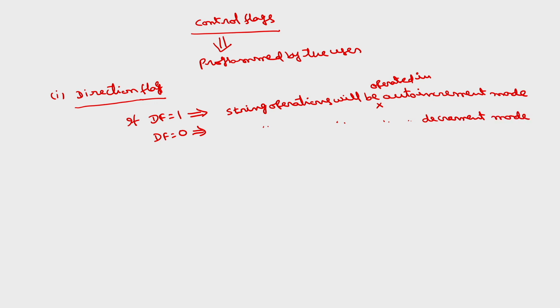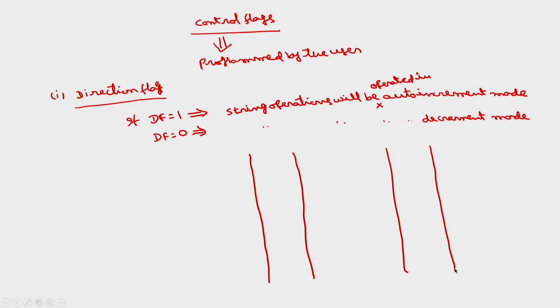String operations are basically used if you want to transfer a string of data from one set of locations to another set of locations. This is the source and this is the destination. So, I want to transfer 100 data from source to destination.